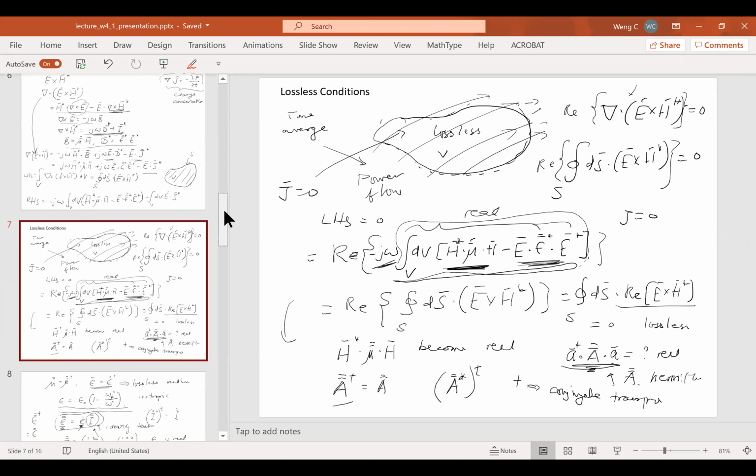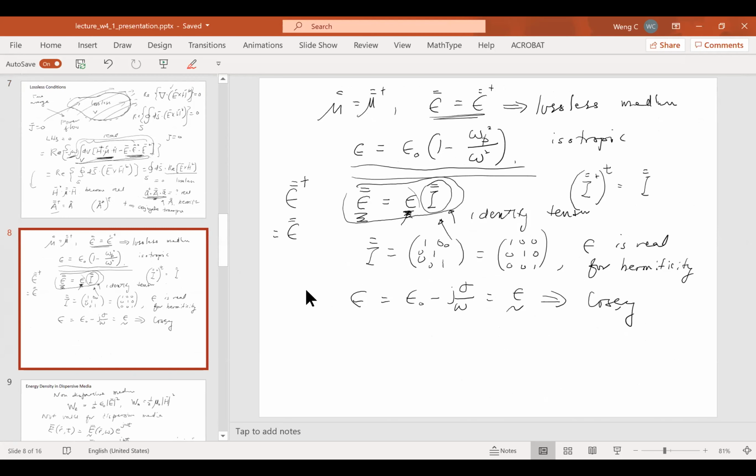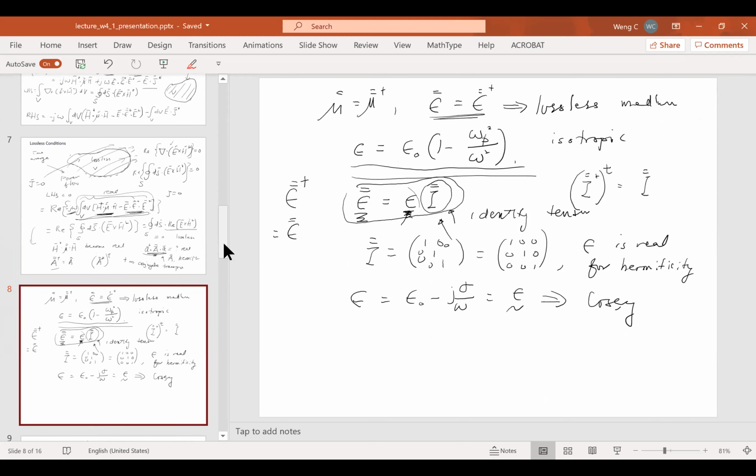And in order for that to be pure real, then the permittivity tensors have to be Hermitian. Any questions?